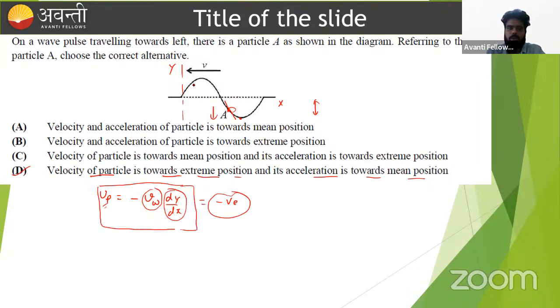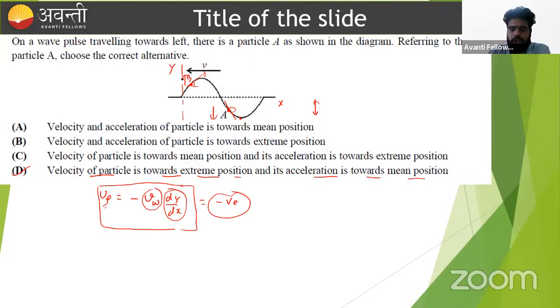Suppose we want to find the velocity of particle at point B. At this point, if we draw a tangent for finding the value of dy by dx, this value will become positive because this makes an acute angle. So this will be positive here, the velocity of wave is negative, and one negative is also given in the formula, so the whole term will become positive. So we can say the velocity of particle is positive here, so the particle is moving away from the mean position, in the upward direction. I hope this is clear.